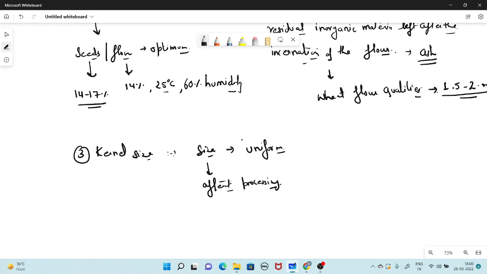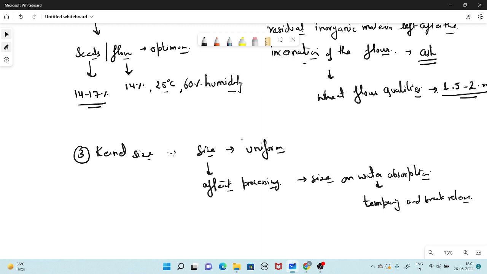The behavior of different sizes of wheat kernel in milling was studied to see the influence of size on water absorption, which is done during the tempering and break release of the seed.